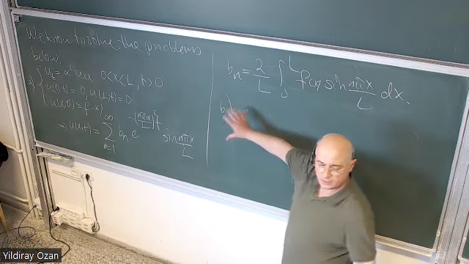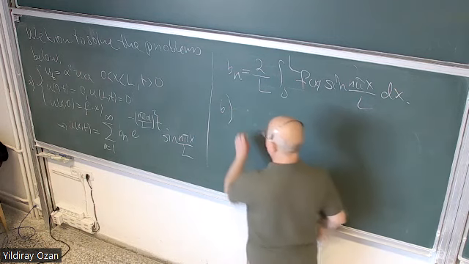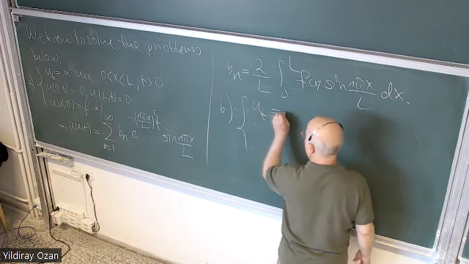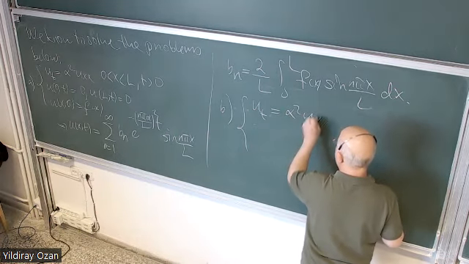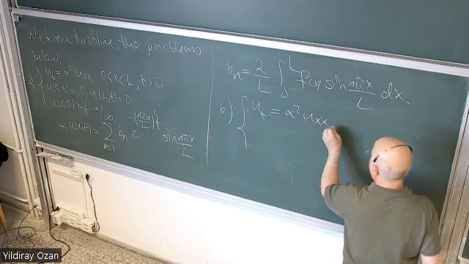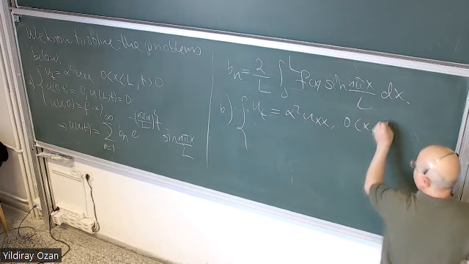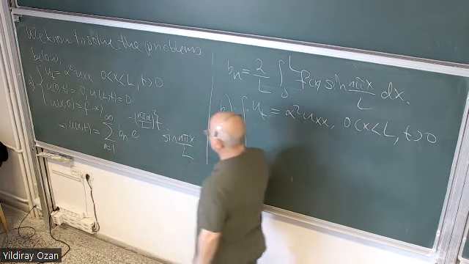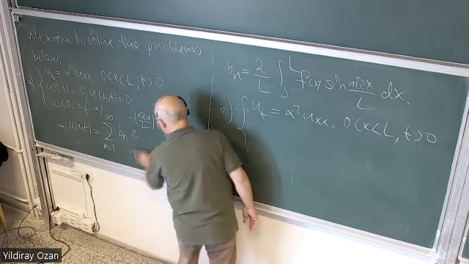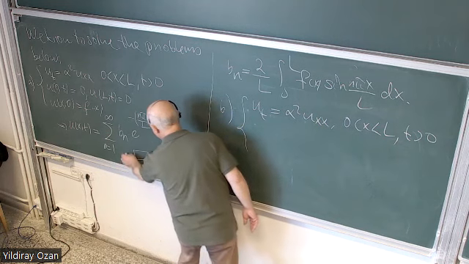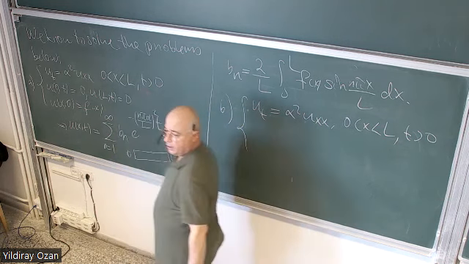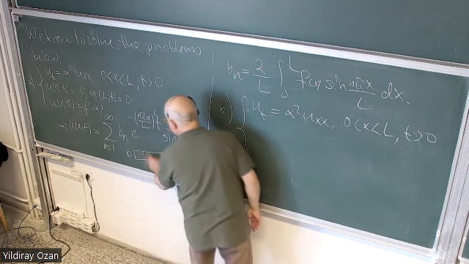I guess this is what you have seen, the next one in the recitation. So u_t is the same equation, but the boundary conditions are kept at 0, like this one, right? So you have a metal bar.